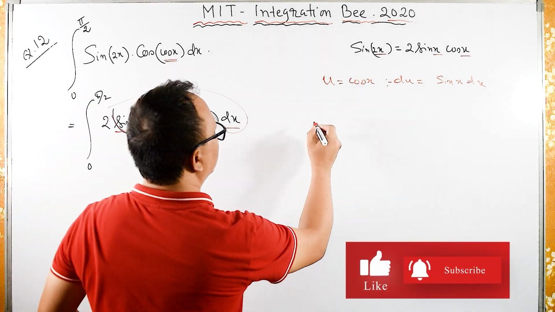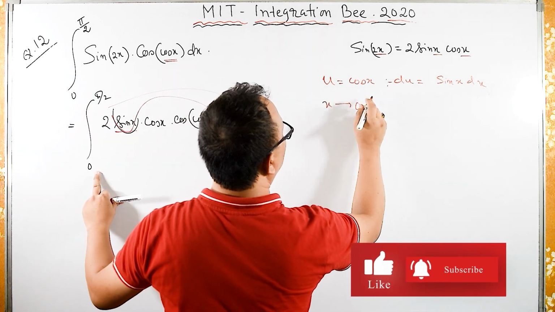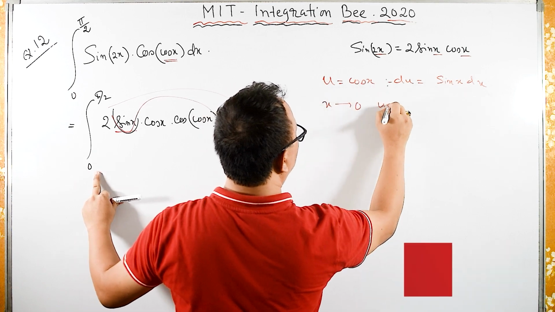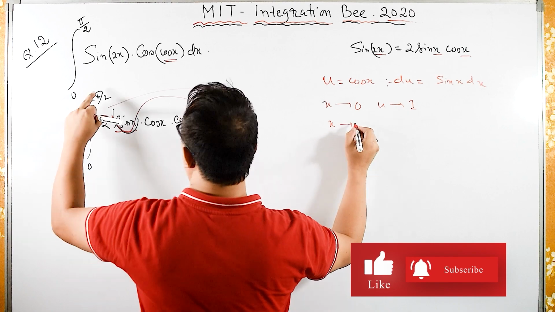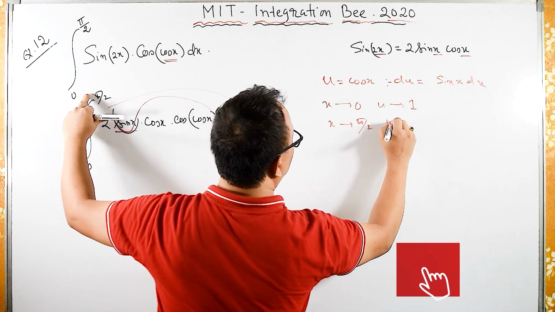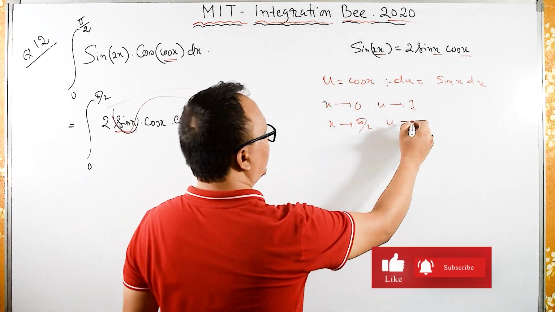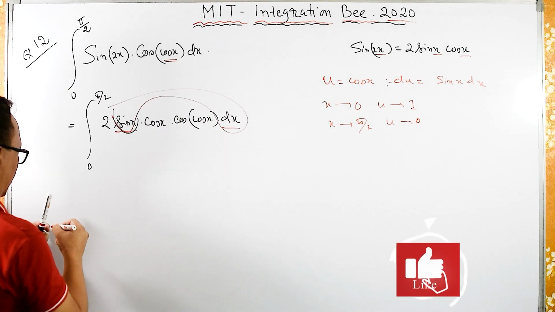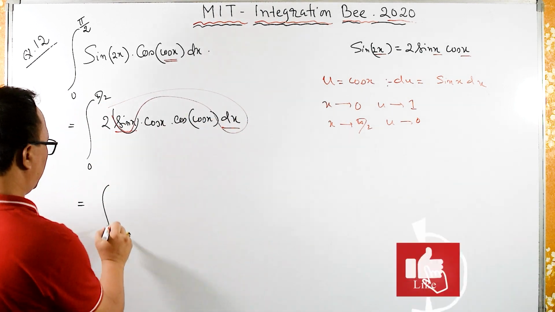So what about limits? When x tends to 0, then u tends to cos 0 is 1. When x tends to pi by 2, then u tends to cos pi by 2 is 0. This 0 to pi by 2 becomes 1 to 0.